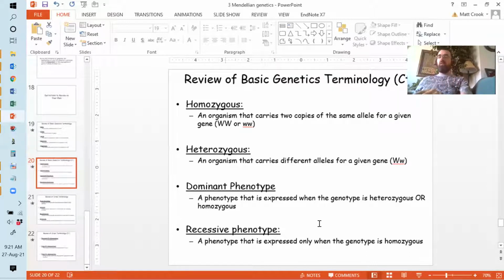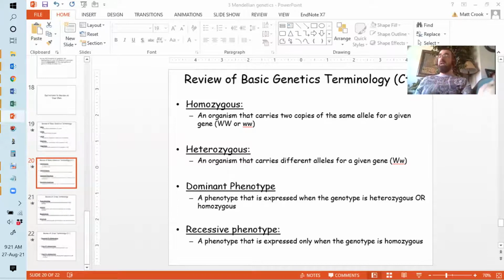Then, another thing we've done already. Trait is the thing that you're looking at, e.g. hair color, disease, etc. Right.